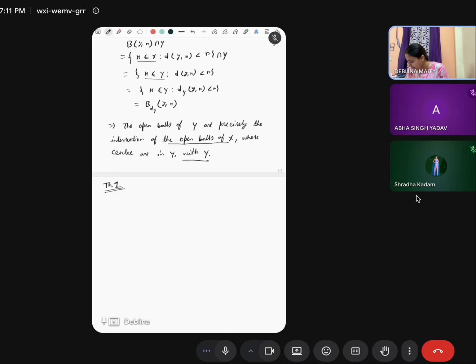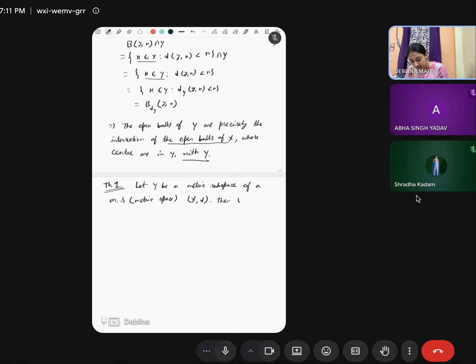Let Y be a subset of a metric space (X, d).